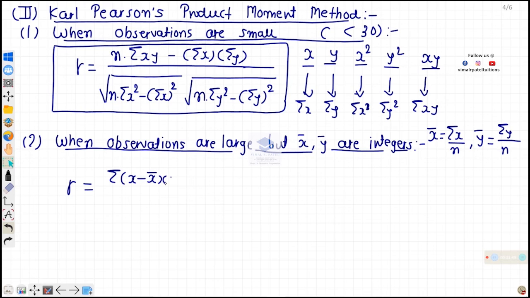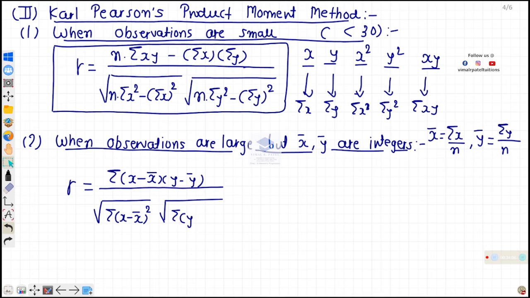R equals sigma of x minus x bar into y minus y bar, upon square root of sigma x minus x bar whole square into sigma y minus y bar whole square.